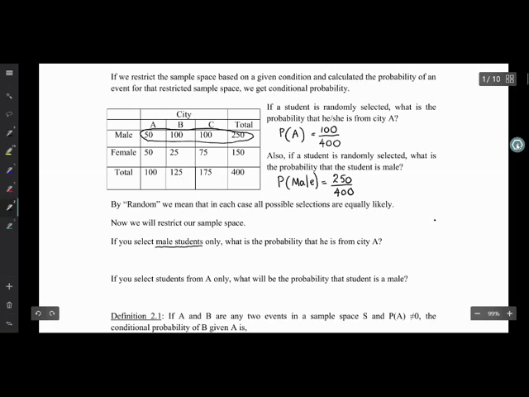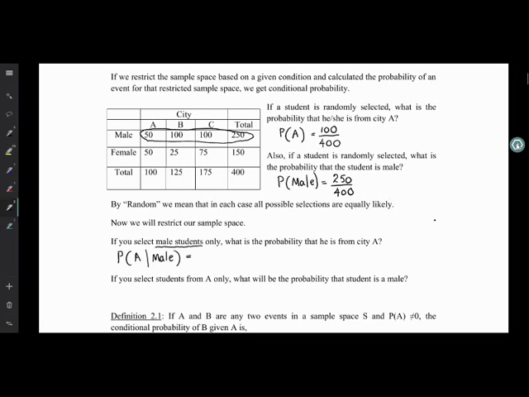So, we write this as the probability that the student is from city A, knowing that he is a male student. Now, this is how we write the conditional probability. This is the conditional probability that a student is from city A given that the person is a male.